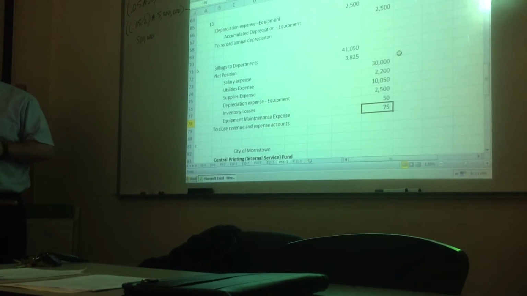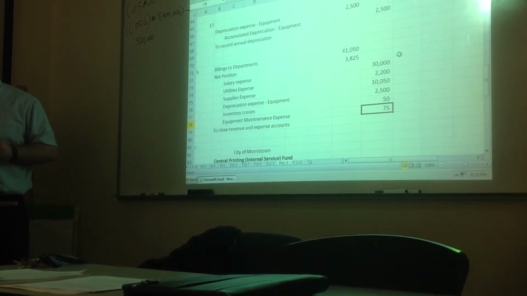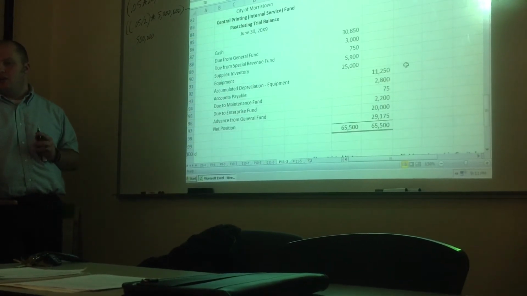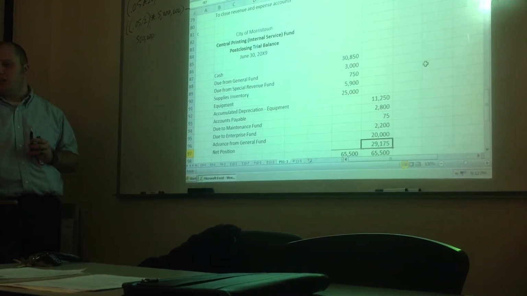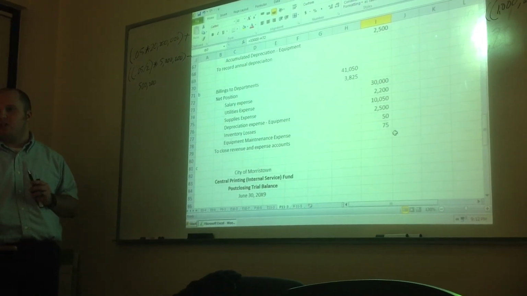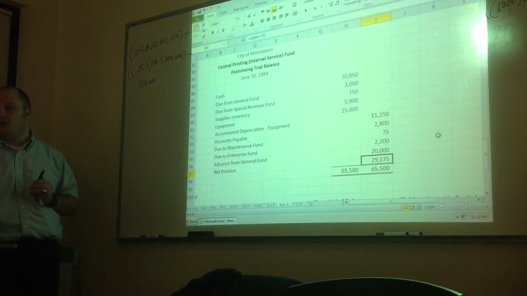Part C asks you to prepare a post-closing trial balance. So again, you just do the calculations. You've closed everything to net position, all your revenue and expense. Once you close those to net position, you have your new net position number, and then anything else that was adjusted.